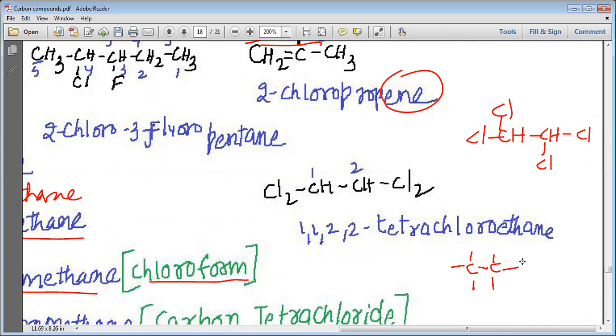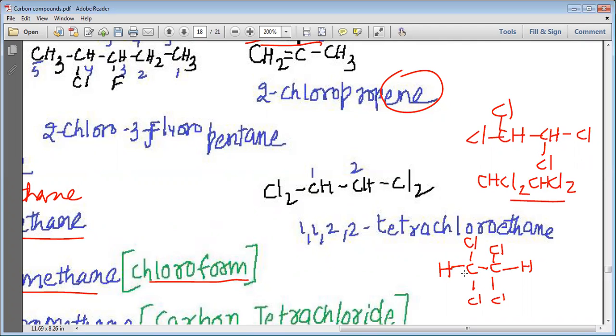This is the structural formula. Each carbon is bonded with one hydrogen and you have 2 Cl bonded to it. You can write the same as CHCl2, CHCl2. This is the condensed formula.